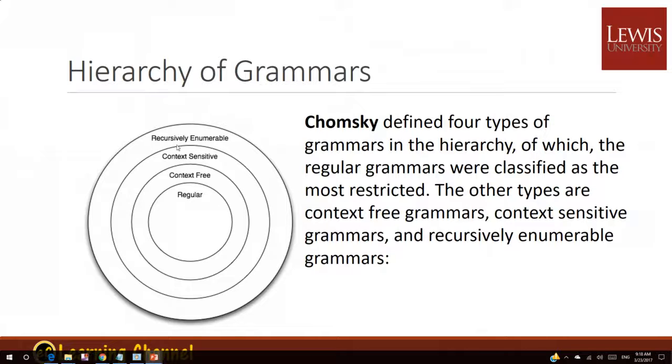And the recursively enumerable grammar is the most powerful, most expressive grammar, and then context sensitive, and then context free grammar. And in this chapter, weeks 1, 2, 3, we focus primarily on regular grammar and context free grammar.